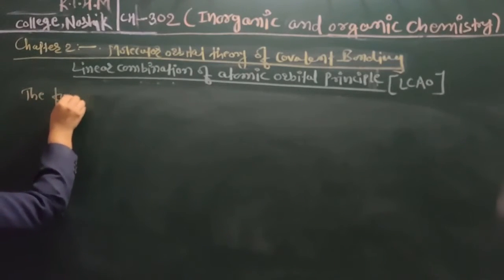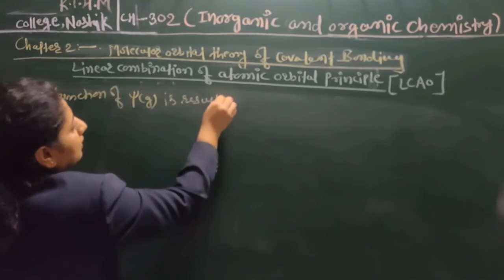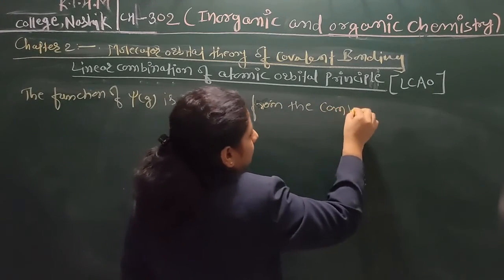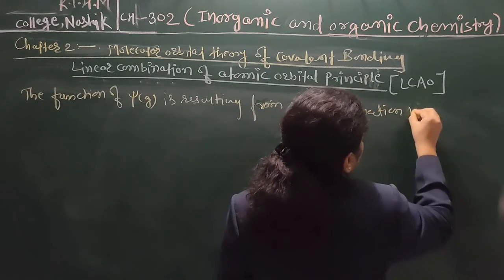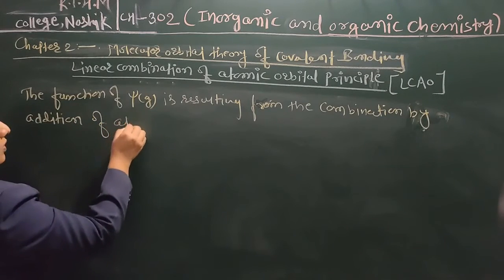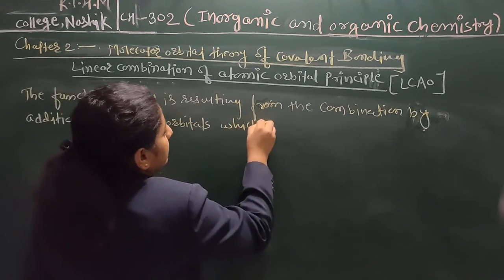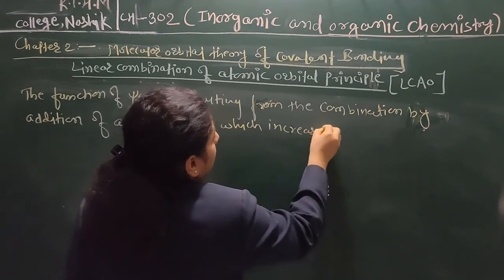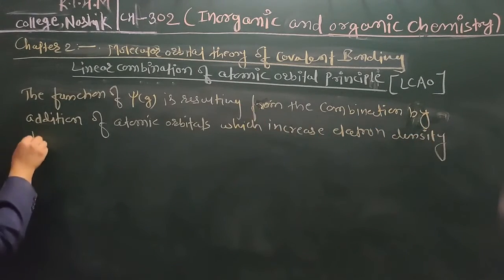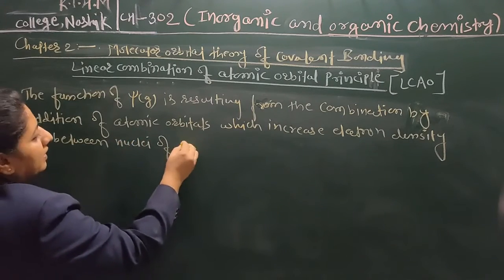The function psi g is resulting from the combination of atomic orbitals, which increase electron density in between nuclei of combining atoms.